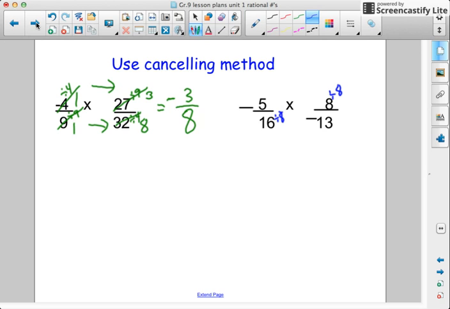Divide by 8. So this becomes 1. This becomes 2. Now I'm going to just multiply straight across. So 5 times 1 is 5 over 2 times 13 is 26. It's a negative times a negative, so it's going to end up being a positive. So that is my solution to that question.